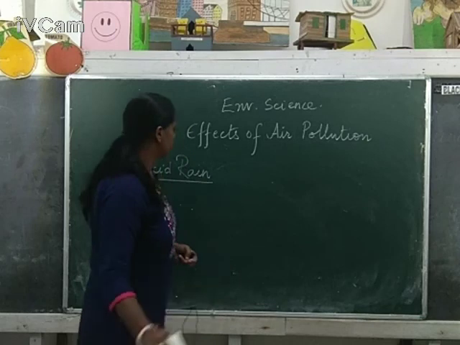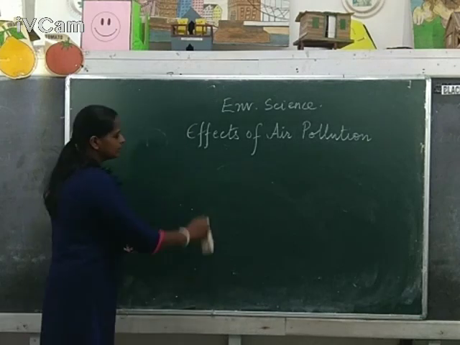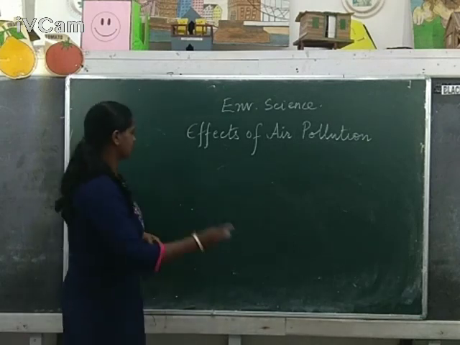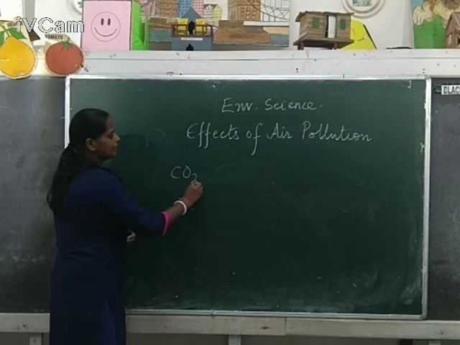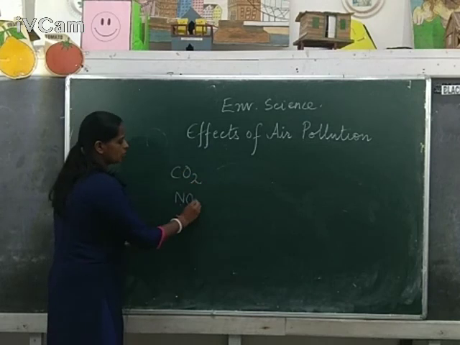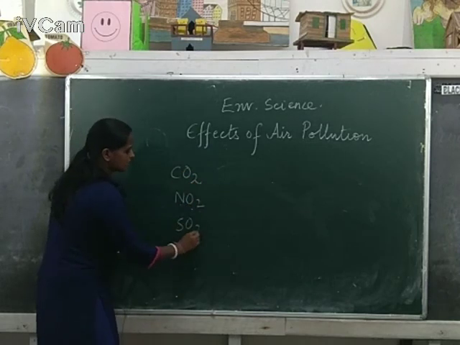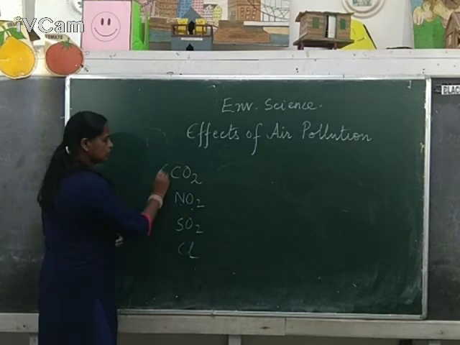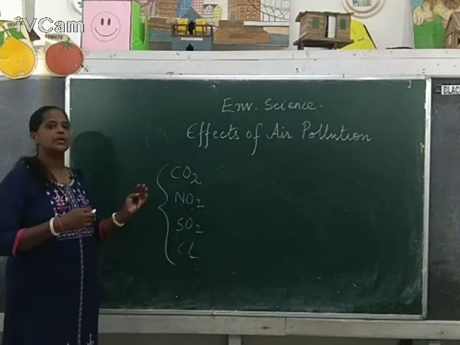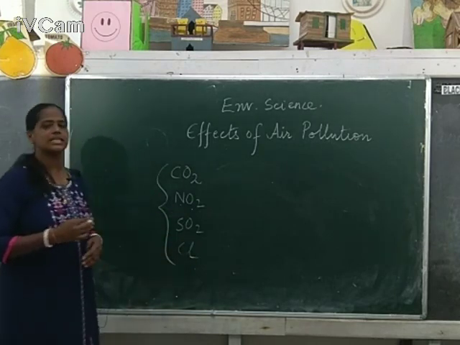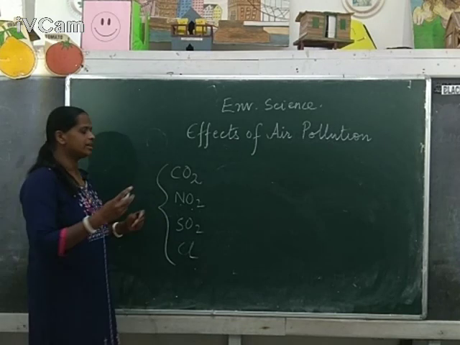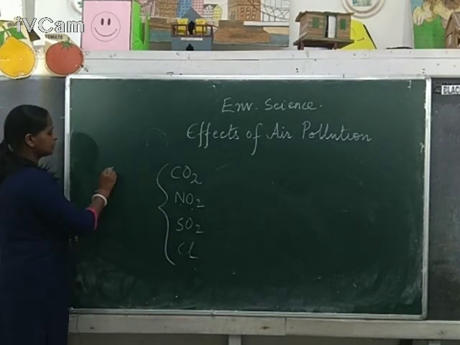Now let me show you in a very simple manner how acid rain occurs. We have carbon dioxide, nitrous oxides, sulfur dioxide, and some industries also release chlorine. Now these gases are always suspended in the air, and the sources are numerous, as we know.